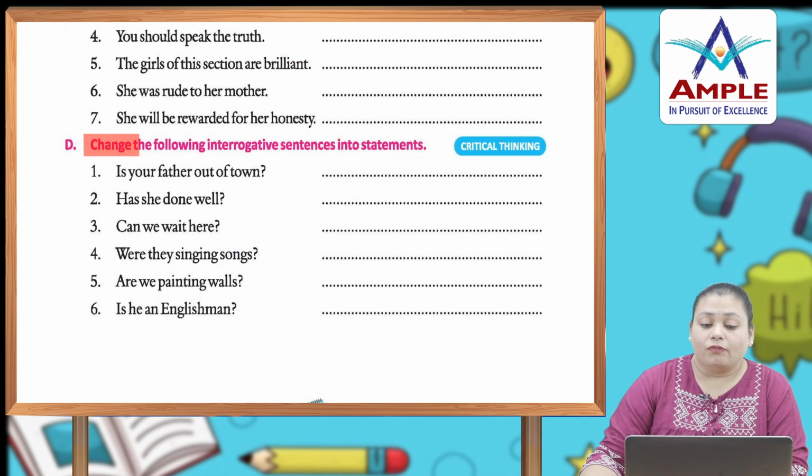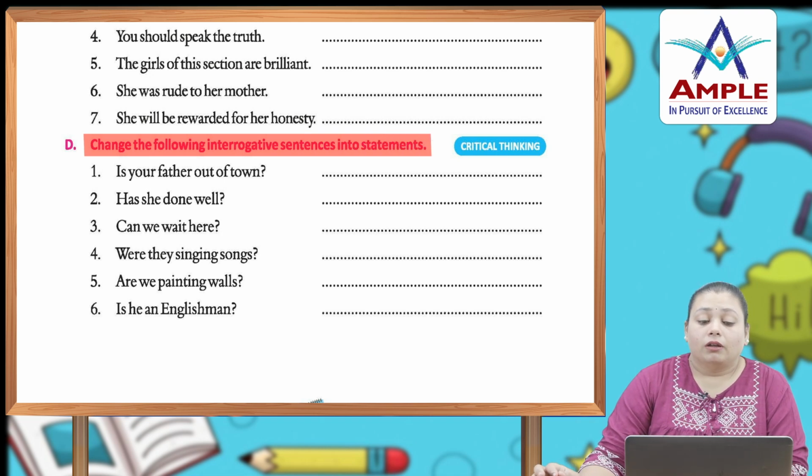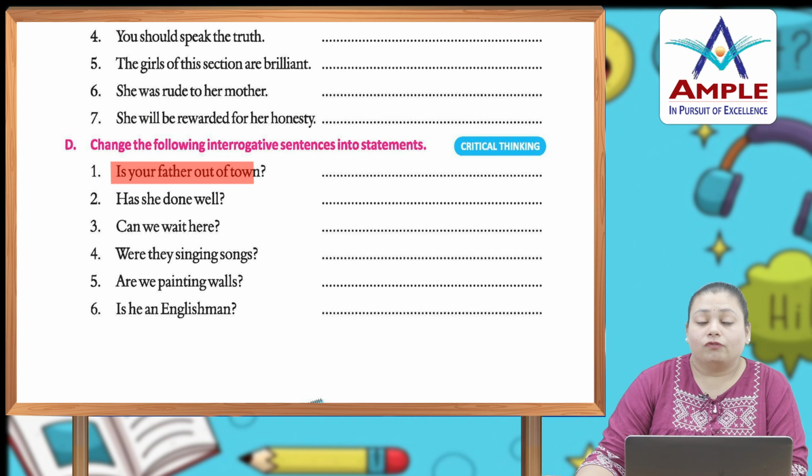Number D. Change the following interrogative sentences into statements. Now you have to put it into a statement. Okay. Number 1, is your father out of town? Your father is out of town. Full stop. Here you have to put is after father because it's a helping verb. Your father is the subject.